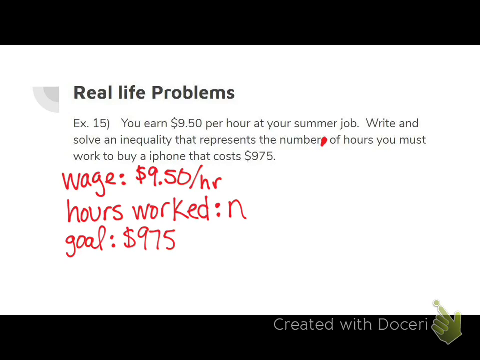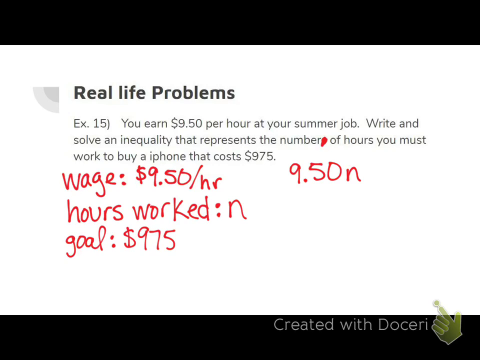Multiply your wage times the number of hours you worked. That's how we know how much money we've earned. So we're going to take the $9.50 and multiply it by n.